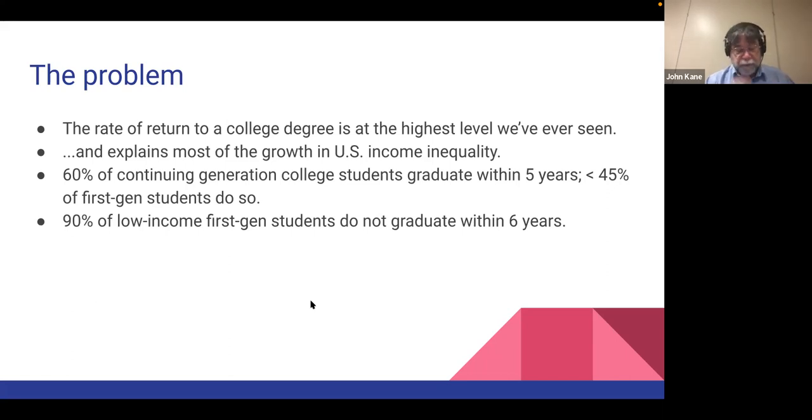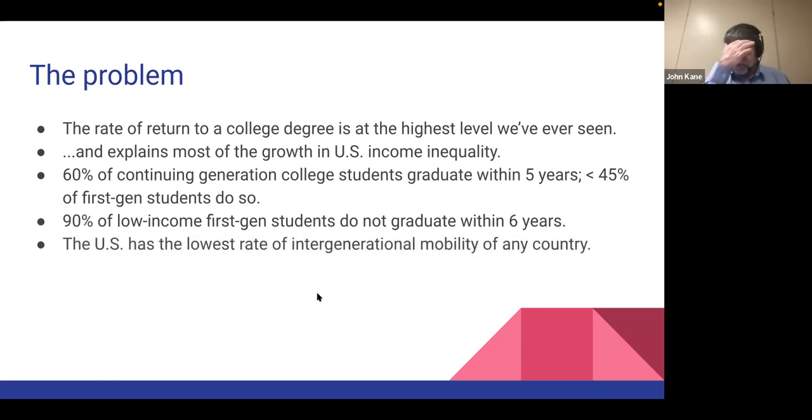There are many reasons for this, but part of the reason is that some of the inequality has impact on student success within college. And in general, this is one of the reasons why we have the lowest rate of intergenerational mobility, the ability to move from one income bracket to another, or from one income quintile to another, across a generation.